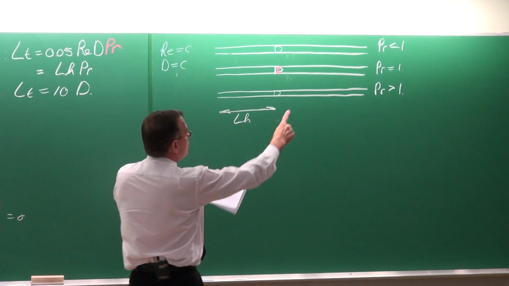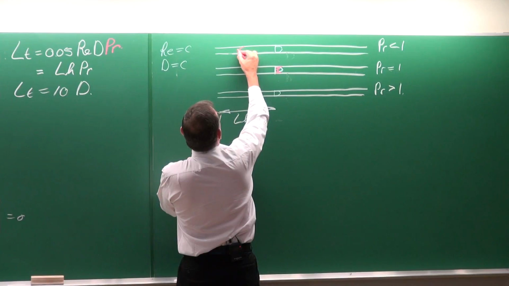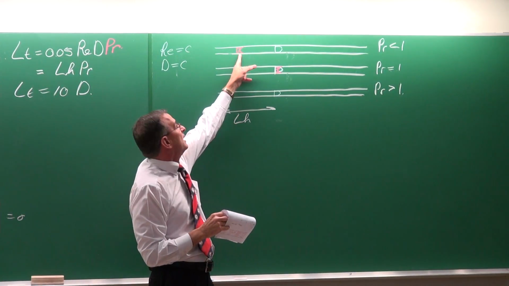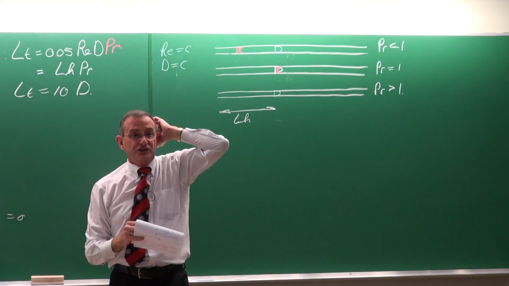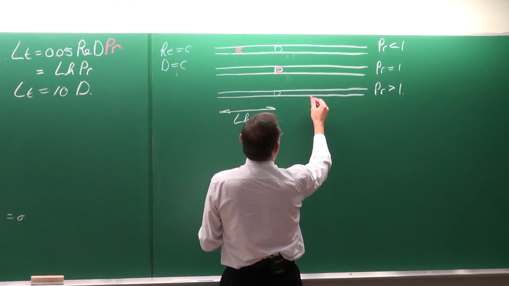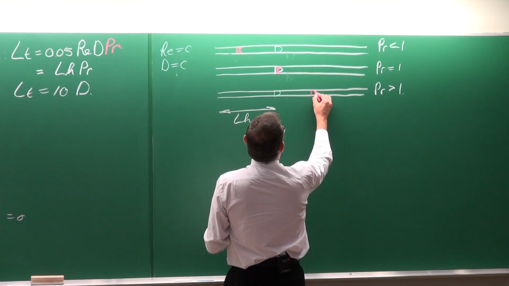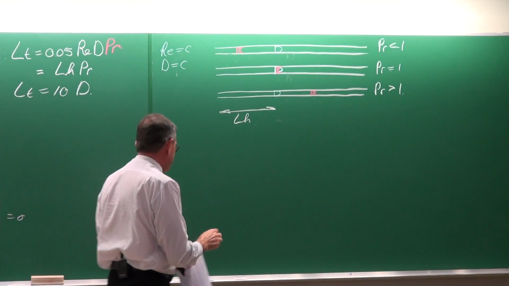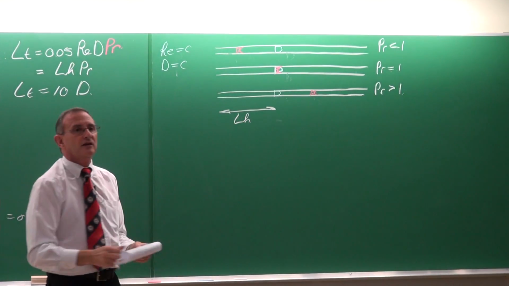If the Prandtl number is smaller than 1, then it means the flow is going to be thermally fully developed before it is hydrodynamically fully developed. While if the Prandtl number is larger than 1, then it's going to be thermally fully developed after it is hydrodynamically fully developed.